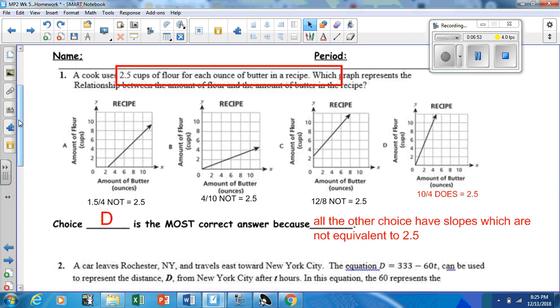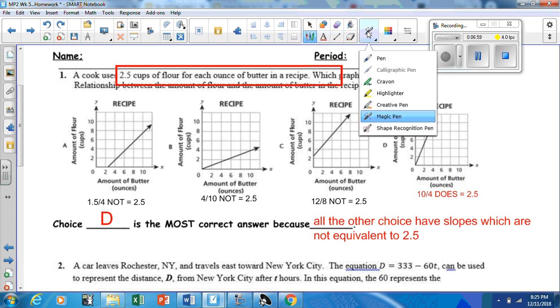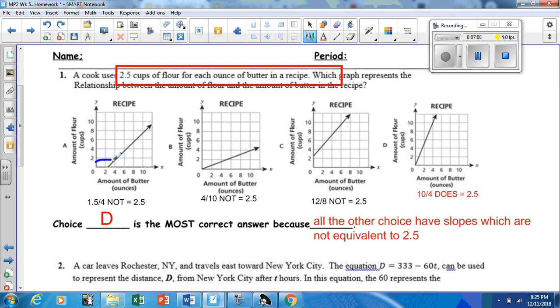Or if I start with 4, go over, that'll give me my 10. Unfortunately, 4 over 10 does not give me 2.5. I can start with 12, go over, that corresponds to 8. 12 over 8 won't give me my 2.5 either.